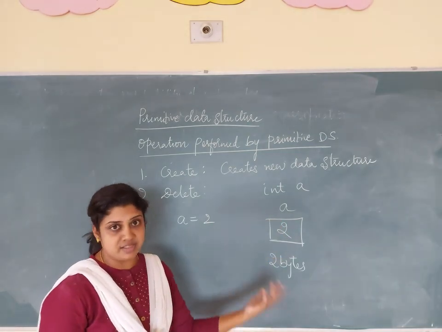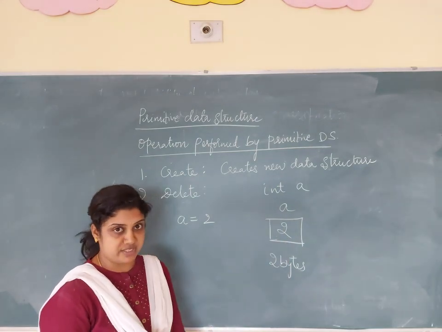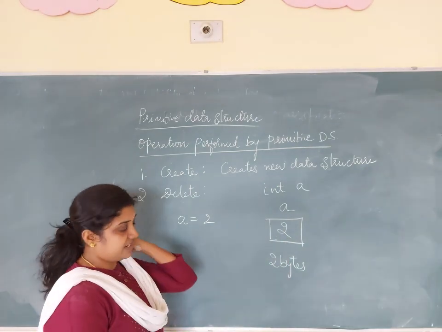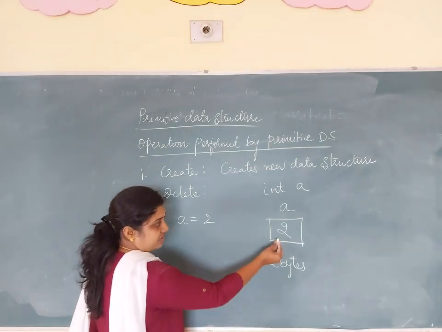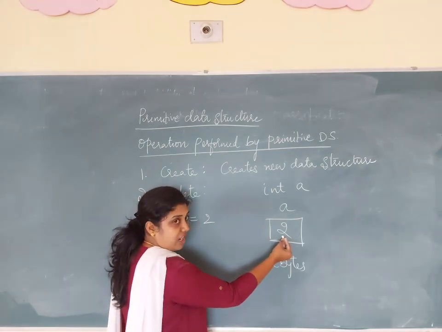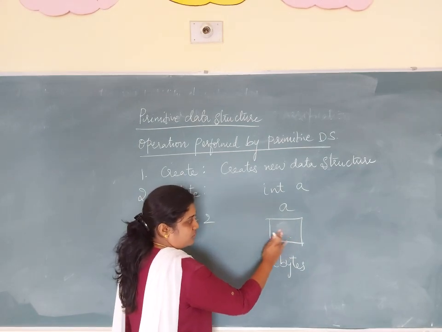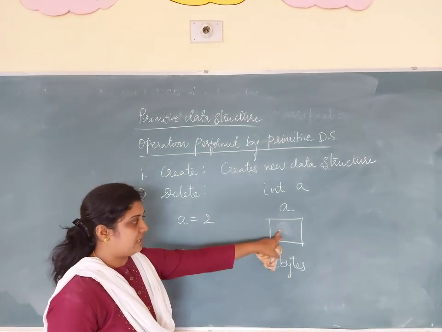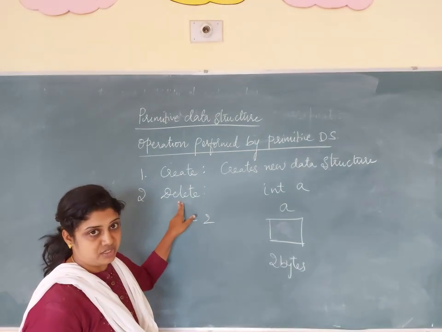After executing the program, you have to delete the data from this memory space. Clear? Whatever value is stored in this memory will be deleted automatically by using the delete operation.